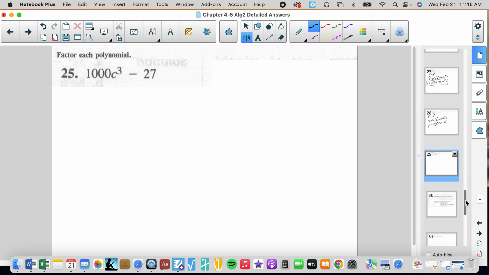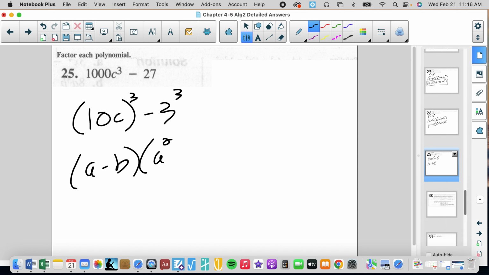All right. Perfect cubes, yes. That can be written as (10c) cubed minus 3 cubed. And then we have a minus b times a squared plus ab plus b squared, where my a is 10c and my b value is 3. And then we square it.